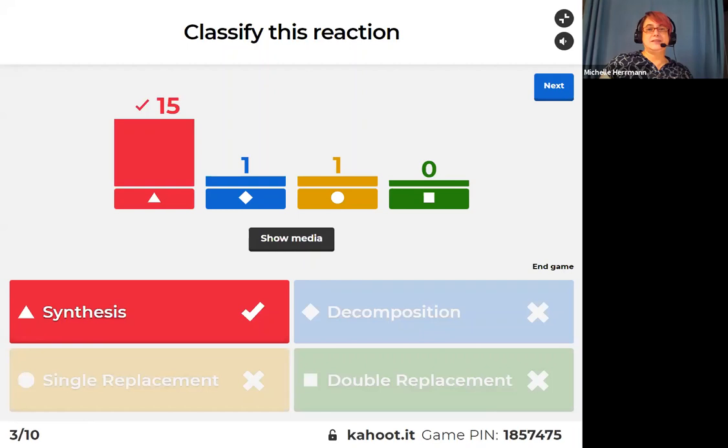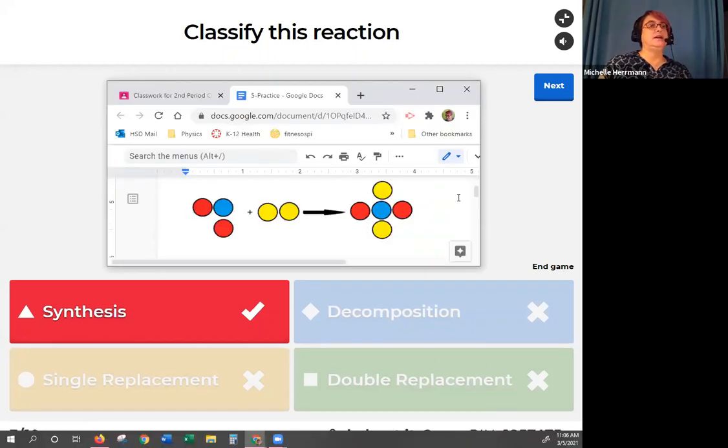Hey, yes, this is a synthesis reaction. And I'll put it back out here so we can look at it. In fact, it's the exact opposite of that decomposition reaction we just previously had. I have only one product, and I have some things that combine to make that product. So we know this is synthesis.